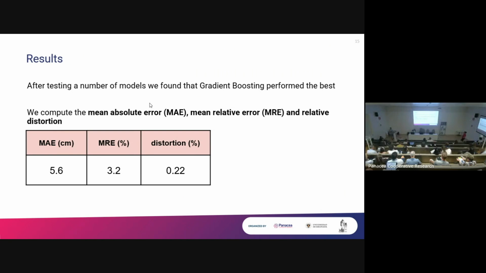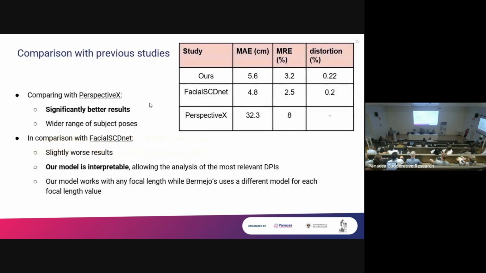We tested a number of models and eventually settled on gradient boosting as the one with the best performance. We computed the mean absolute error and also the relative error, and also the distortion with the formula I showed you before. If we compare with the two other existing methods, we can see that compared with Perspective X, we have significantly better results. Our error is in the range of 5 centimeters, and theirs was around 30. Another advantage is that our set of facial poses is wider.